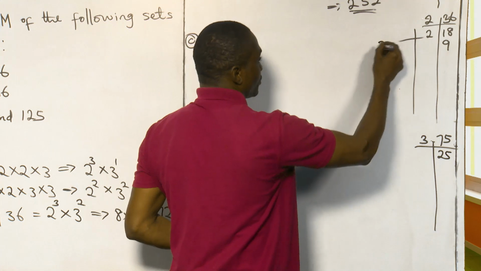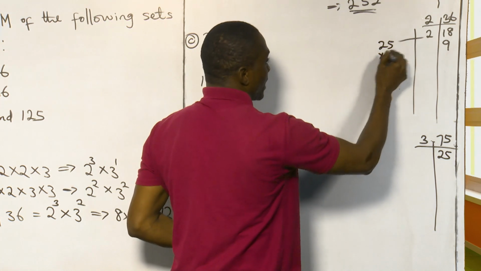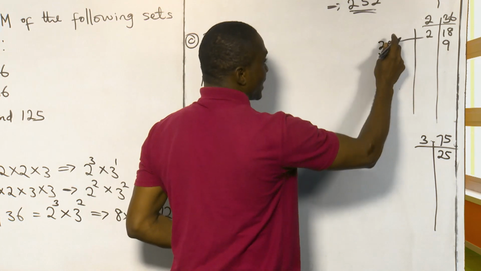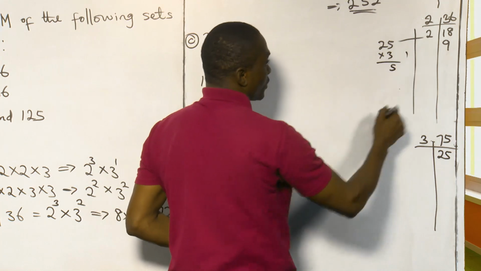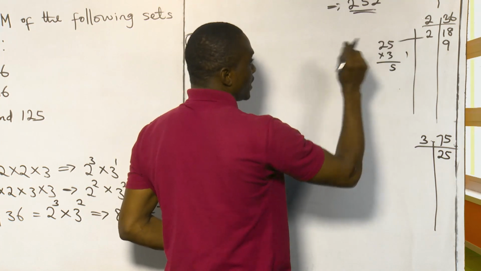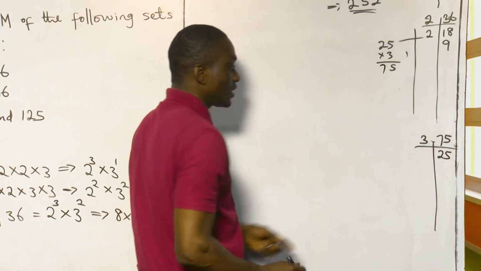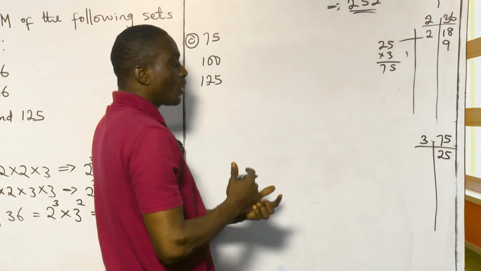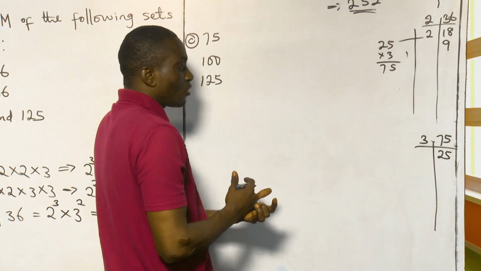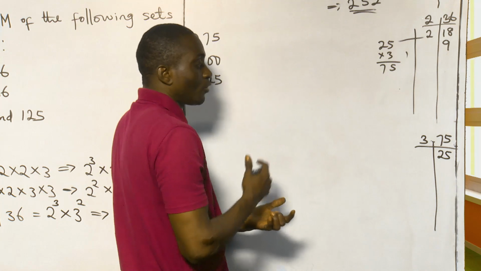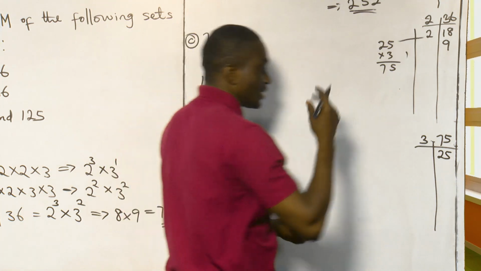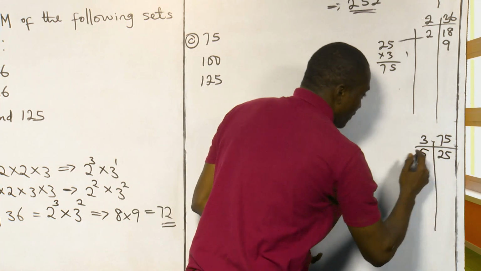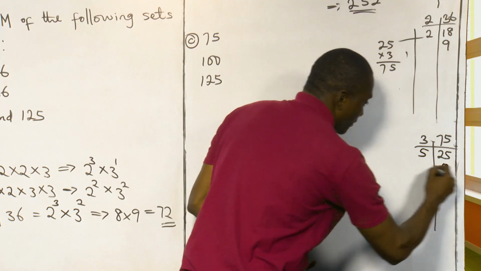Let's check it out. 25 multiplied by 3. 3 times 5 is 15. 5, 1. 3 times 2 is 6 plus 1, that is 7. Okay, that is that. Now, what least prime factor do we have for 25? That is 5. 5 in 25 will give us 5.